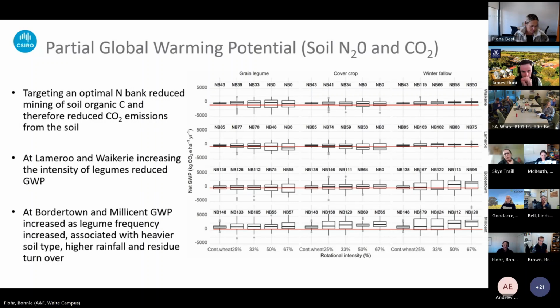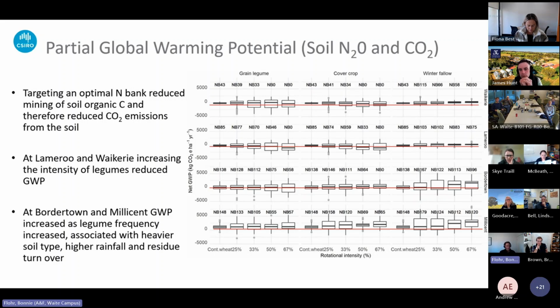And when a number is negative, so when the median box plot drops below that red line for any given scenario, it means that there's abatement. That means there's been building of soil organic carbon, which has exceeded the emissions from the nitrous oxide.